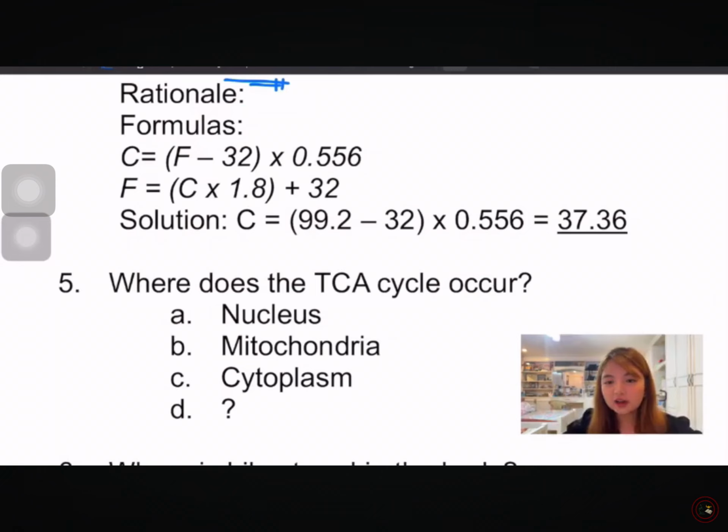So, yung next na tanong is, where does the TCA cycle occur? Una, confused ako bakit to lumitaw in the boards.